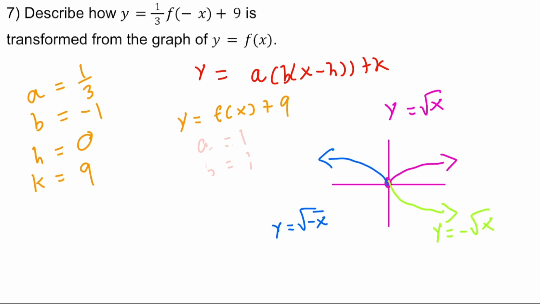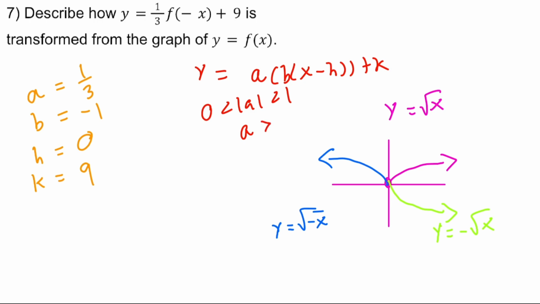Okay. Now we're just going to interpret what these values do in words. Well, remember, a is our vertical dilation or reflection. Is a negative? No, we don't have a reflection, but it is a different number than 1. If the absolute value of a is between 0 and 1, we could call that a vertical compression.